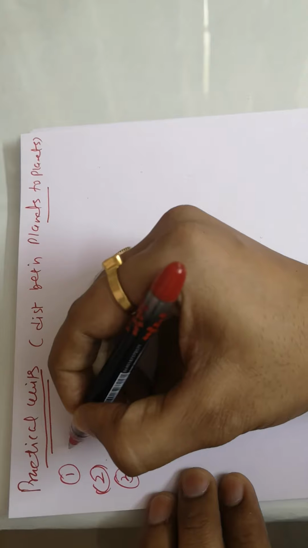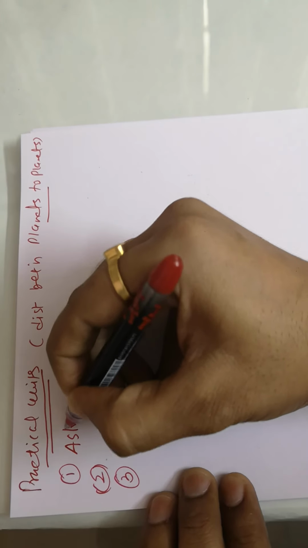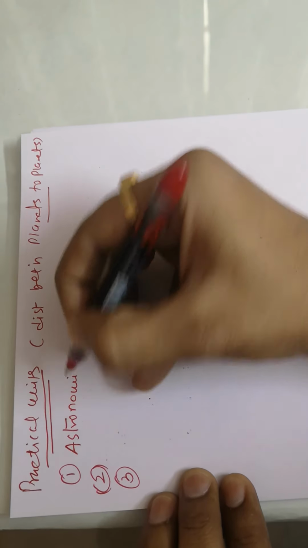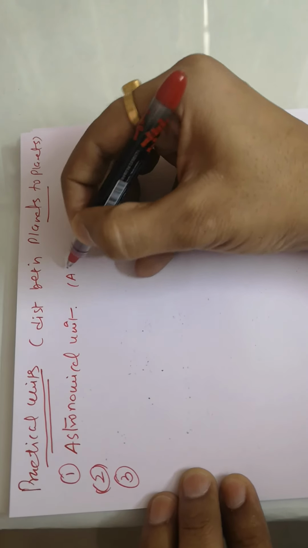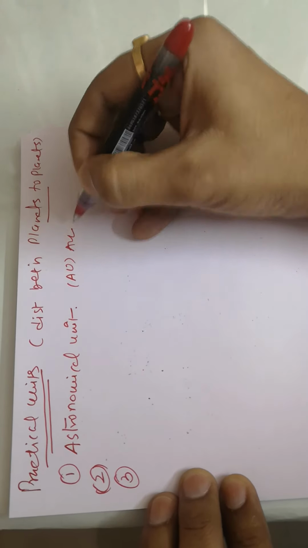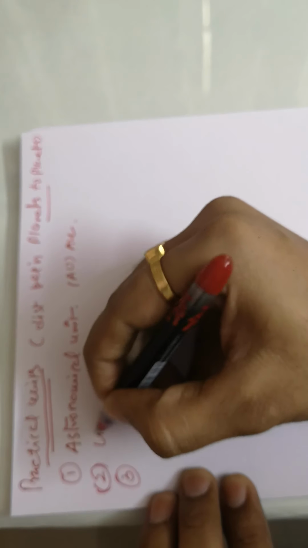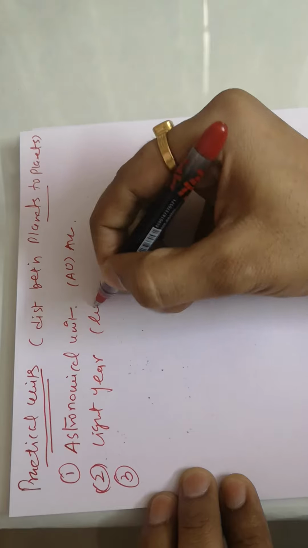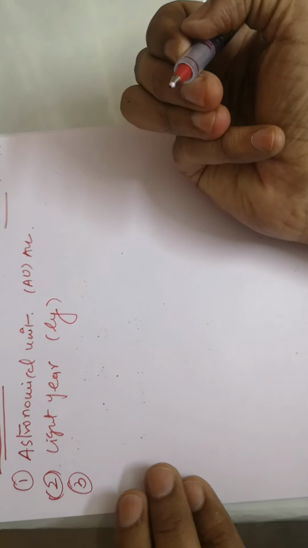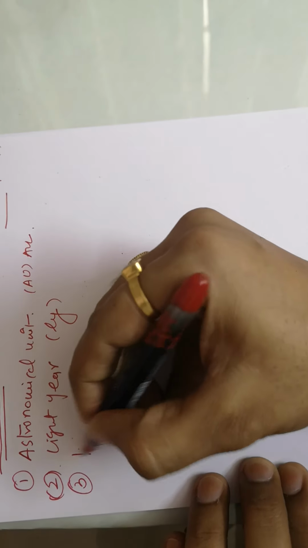The very first unit is called the astronomical unit. It is abbreviated as AU. Another one is called a light year, represented as LY, and the third one is called a parsec.